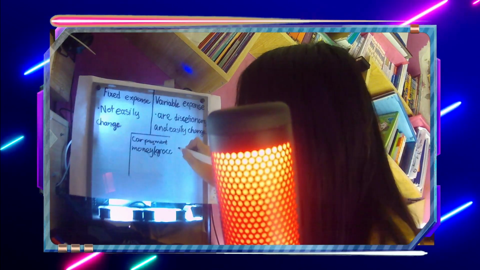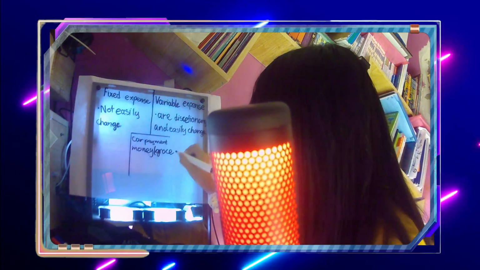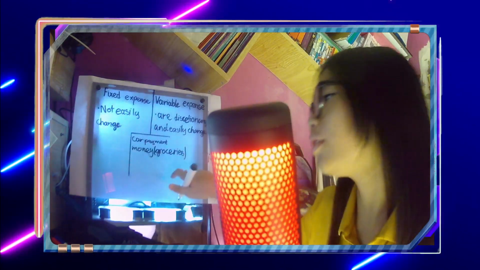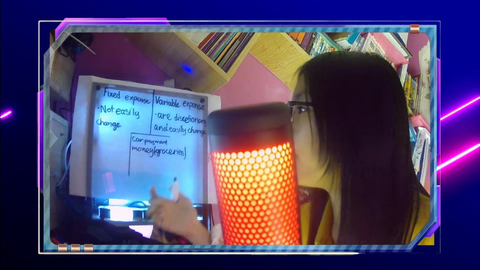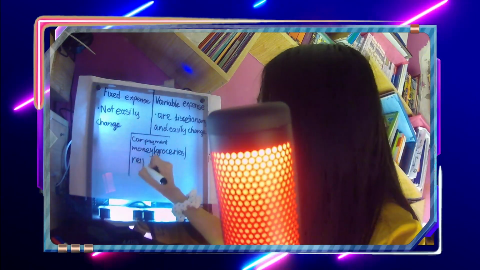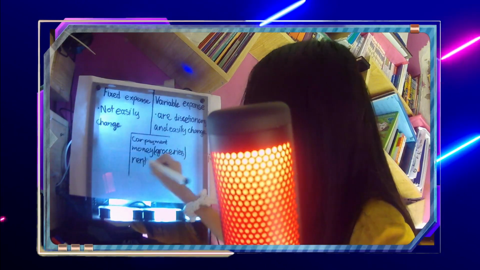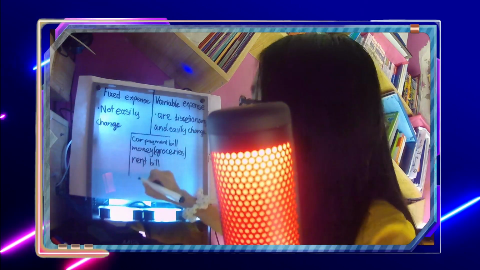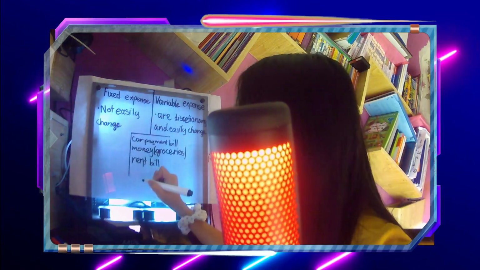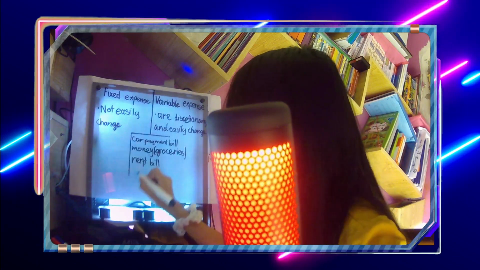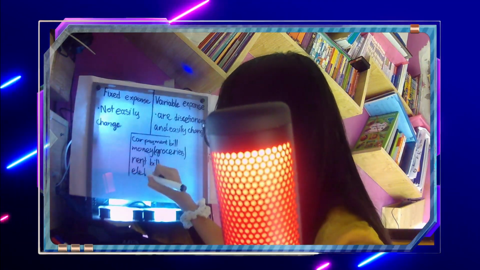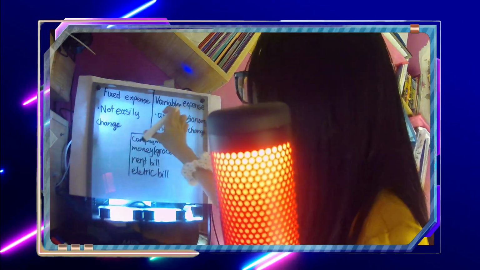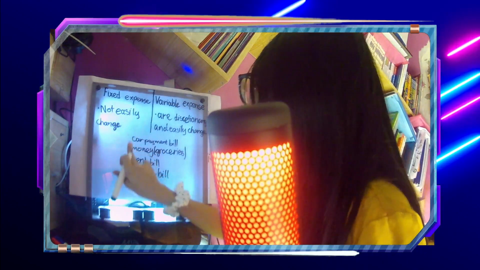Groceries. Yes, money on groceries. Then rent, bills, electric bill. I think it is enough to represent the things you need to have.